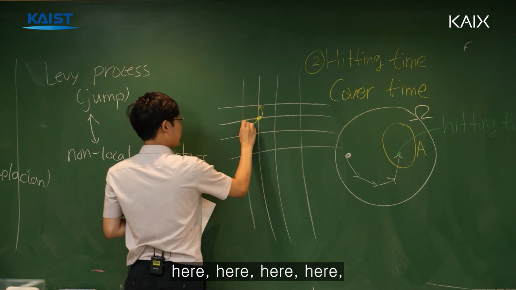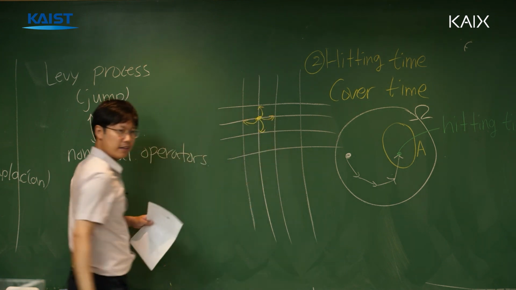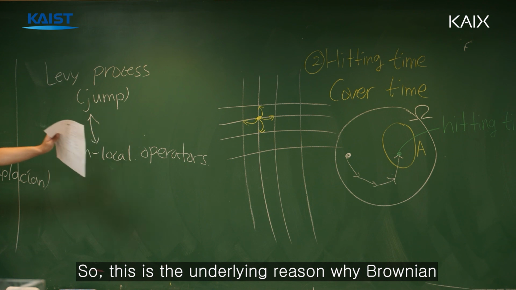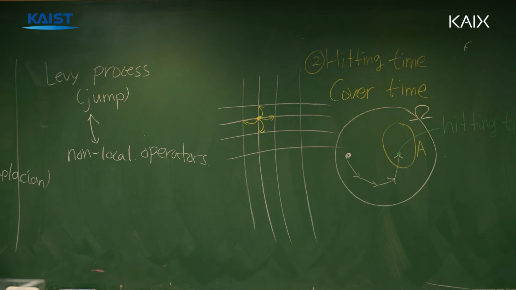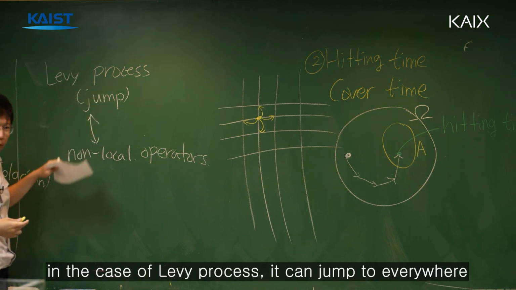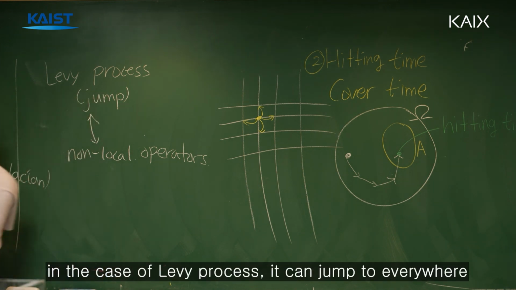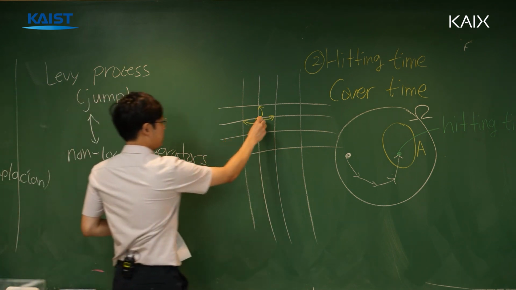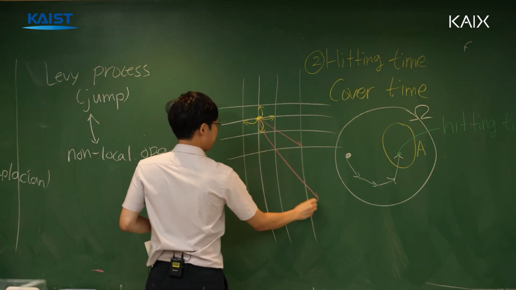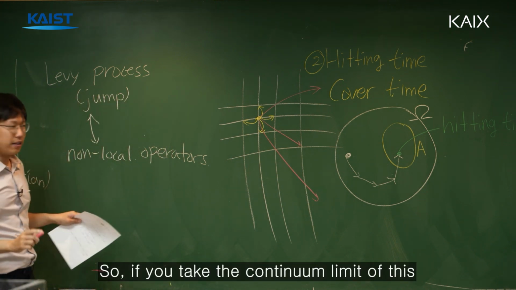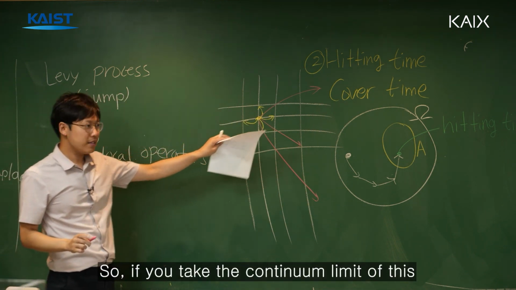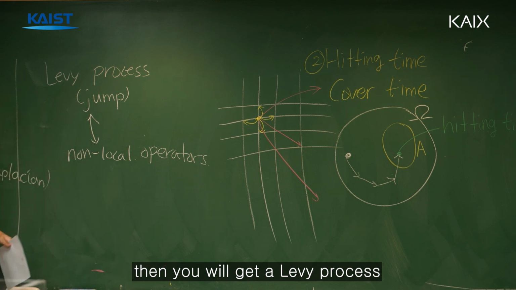Here, here, here, here. This is the underlying reason why Brownian motion is continuous, because it only goes to the nearby points. But in the case of a Levy process, it can jump everywhere. Here, here, here. So all jumps are allowed. If you take the continuum limit of this, then you will get a Levy process.